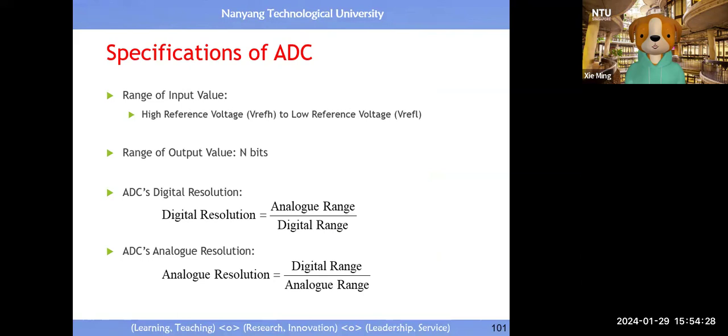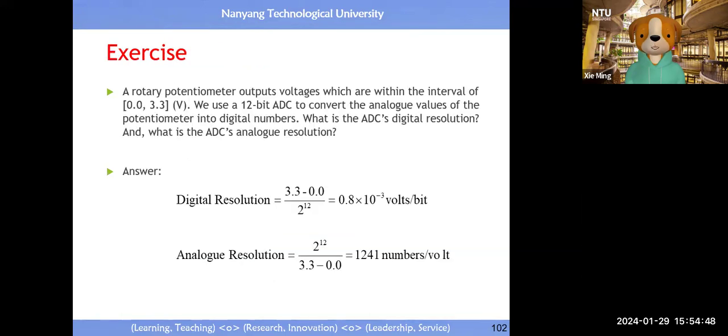So for an ADC, it's the same. We need to know the sensitivity, right? So that for one digit change, what is the corresponding analog voltage, or for one volt, what is the corresponding variation in digital number. These are the sensitivities of the converter. And it's just a small exercise for you to go through.